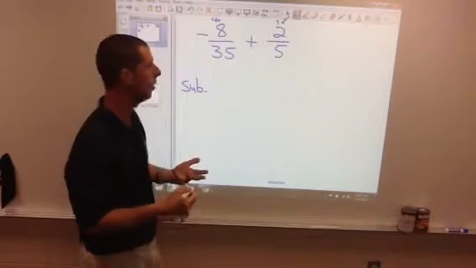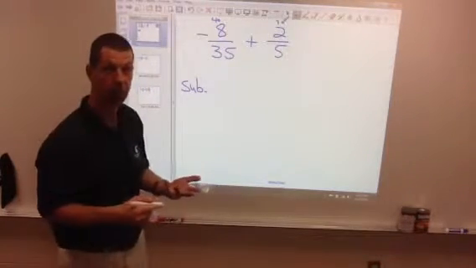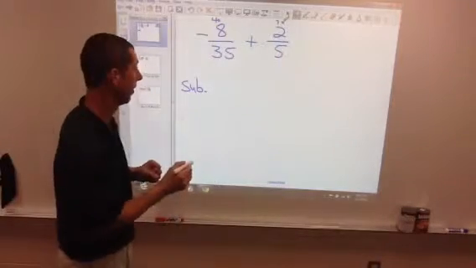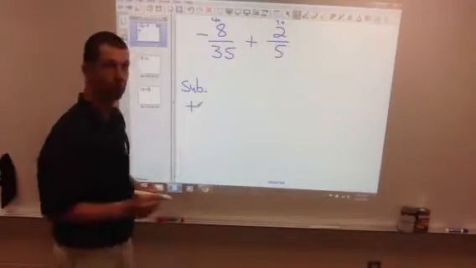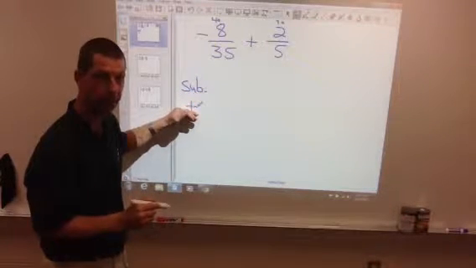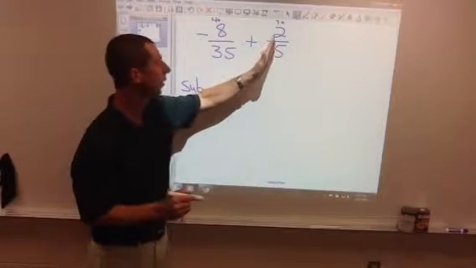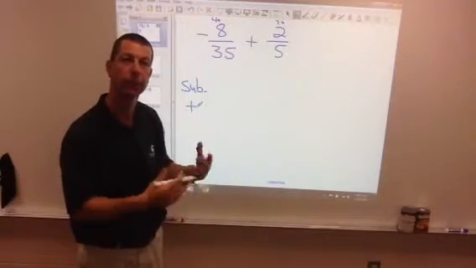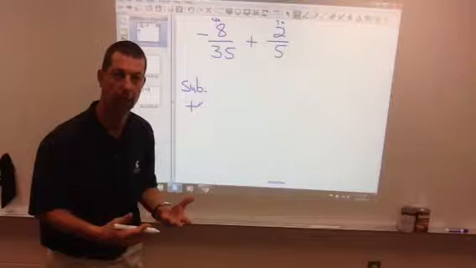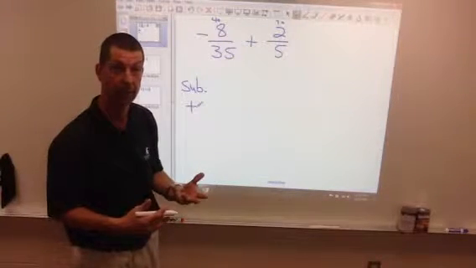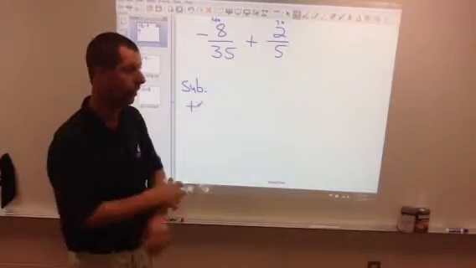So when we're solving this problem now we know that since this is a positive fraction, our answer is going to be positive. Okay, so I have to subtract. I'm going to get a positive answer. Also, the fraction that is furthest from 0 on the number line has to go on top when we set this up as a problem.